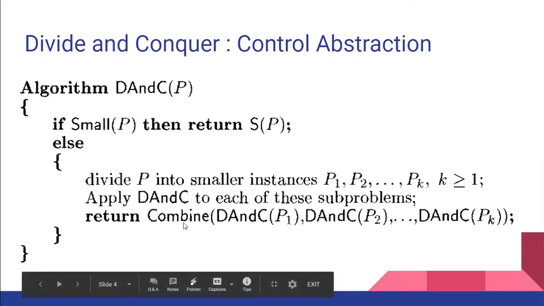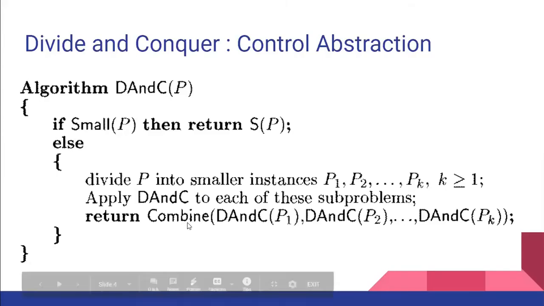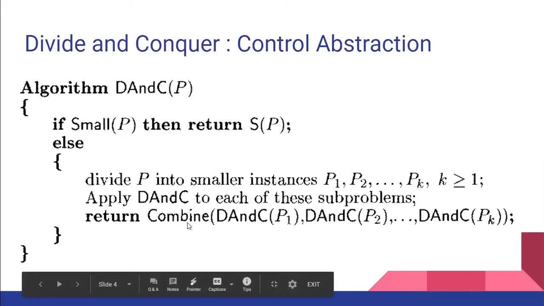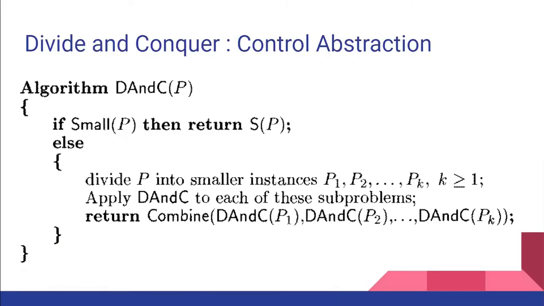So this is the control abstraction, or the generalized algorithm for divide and conquer problems. Whenever the given problem is large enough and can be divided into similar smaller problems, at that time we can go for divide and conquer algorithm.